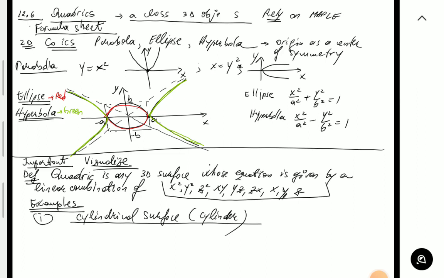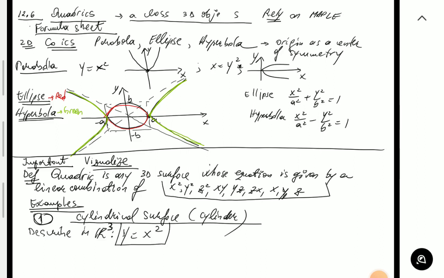So, we talked a little bit about how you figure out the way these equations look. So what if I say to you, describe in R3, I mean in the three-dimensional space, the surface given by the equation y equals x squared.